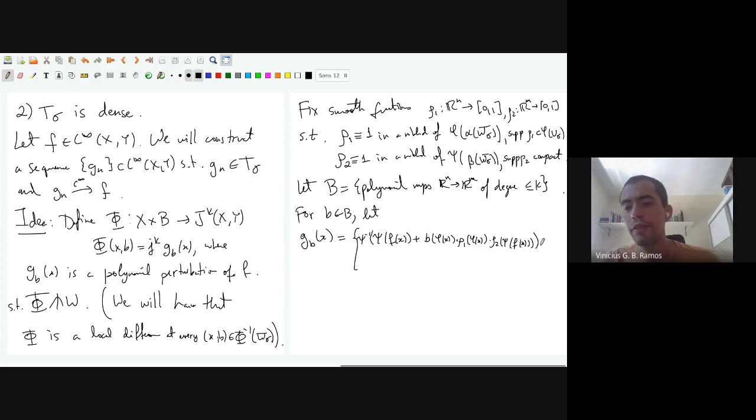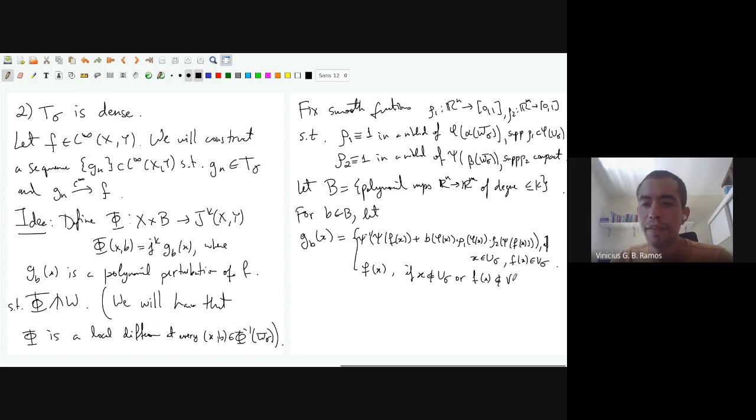So this is what I do if x is in U sigma and f of x is in V sigma. And I don't do anything if x is not in U sigma or f of x is not in V sigma. Okay, so that's the definition of G_b.